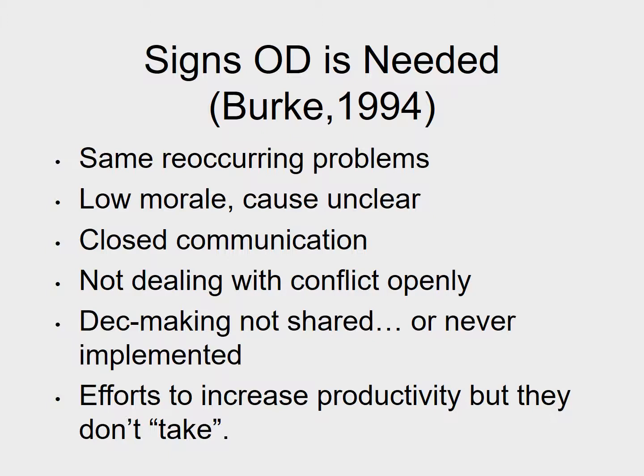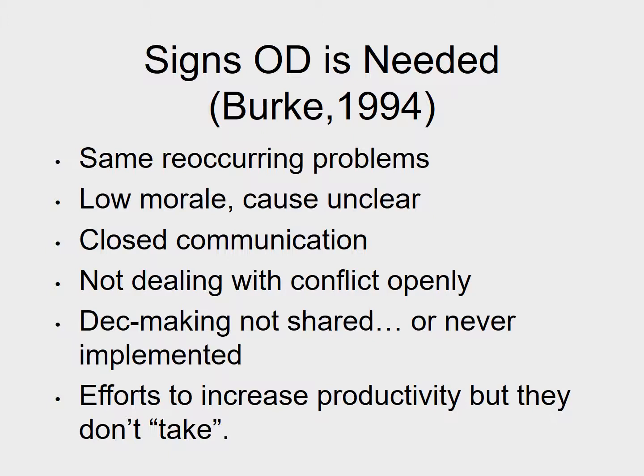Closed communication loops. So one of the first things we often look for when an organization is having problems is what are the lines of communication. So we've got a reoccurring problem where we have low morale. One of the things we also want to look at is is there open communication through all levels of the organization, or is it closed? Closed communication generally means that you've turned off one of the parts of your feedback loop.